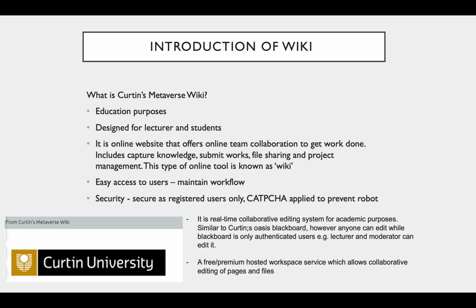It is actually easy for the user to access, it helps the user to maintain the workflow, and it also has its own security. It is secure, for registered users only. For example, you need to log in or have an account so that you can access or view the pages or content in the wiki.